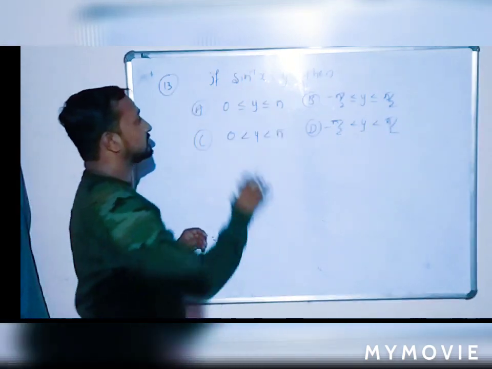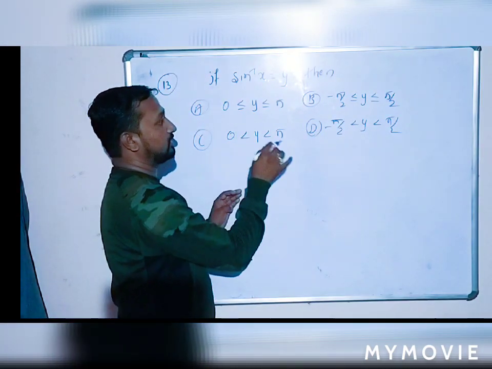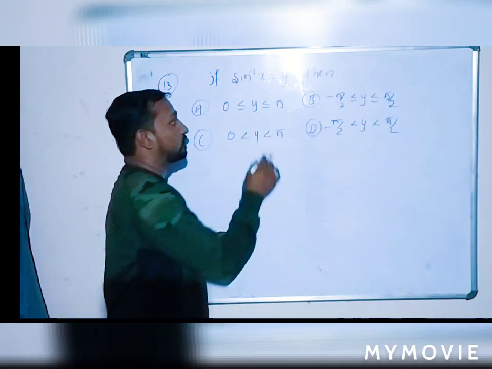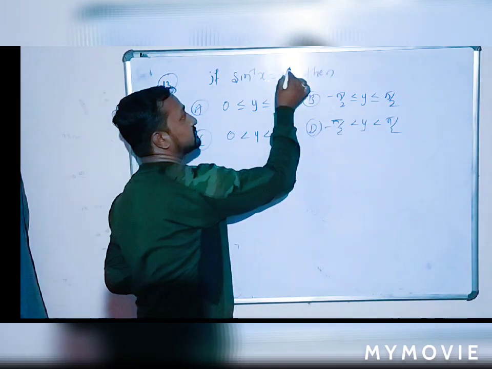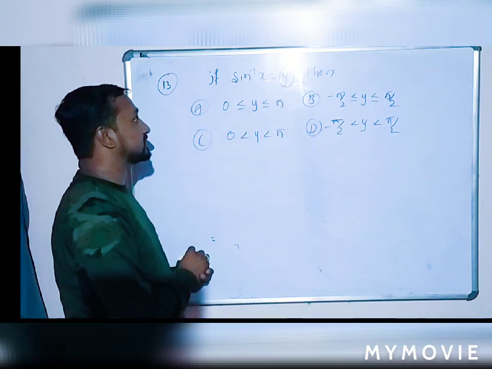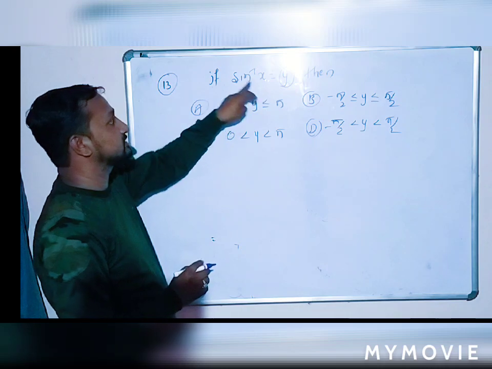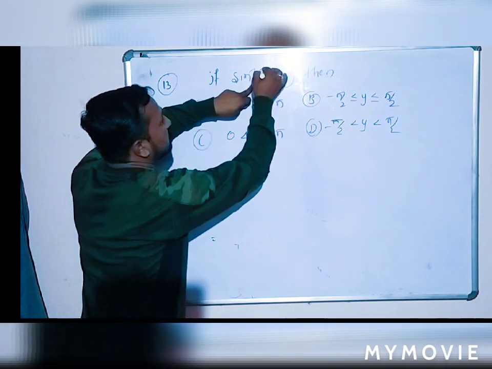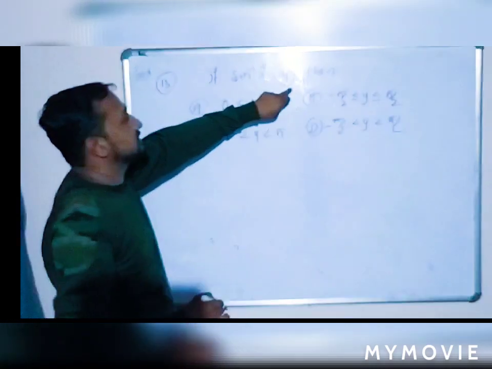So see that, students, in this, y is nothing but the range of the inverse trigonometric function. What is the range of sin inverse x? Sin inverse of x equals y. X is the domain, then y is the range.